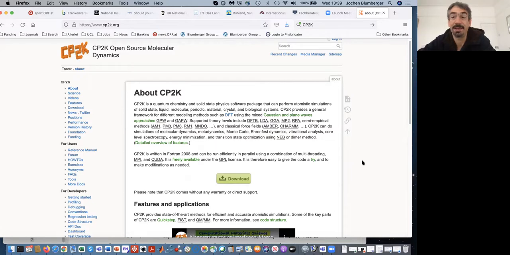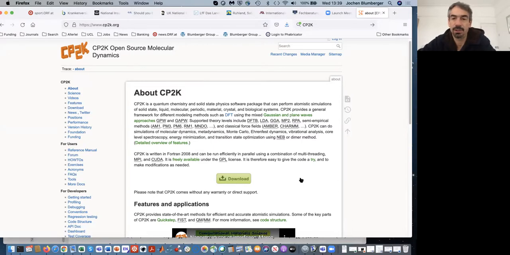And it's not so easy to do that efficiently. One of these packages that is also used a lot in the UK, at UCL, Imperial, is the CP2K package.